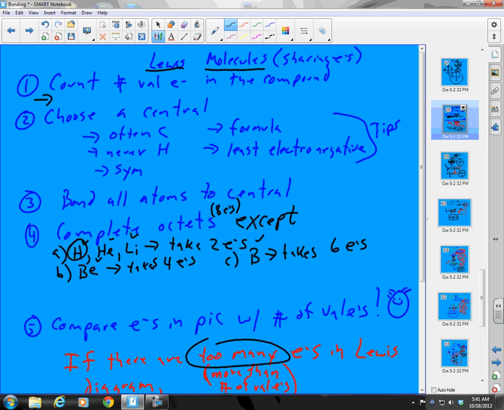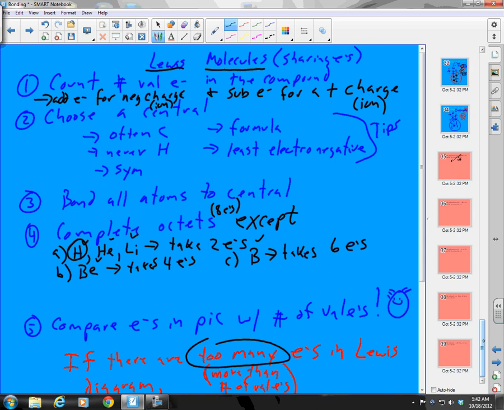And what we're going to do is add electrons for a negative charge and subtract electrons for a positive charge, or what we call a negative ion or a positive ion. So if we have a negative ion, we're going to add electrons. If we have a positive ion, we're going to subtract electrons.